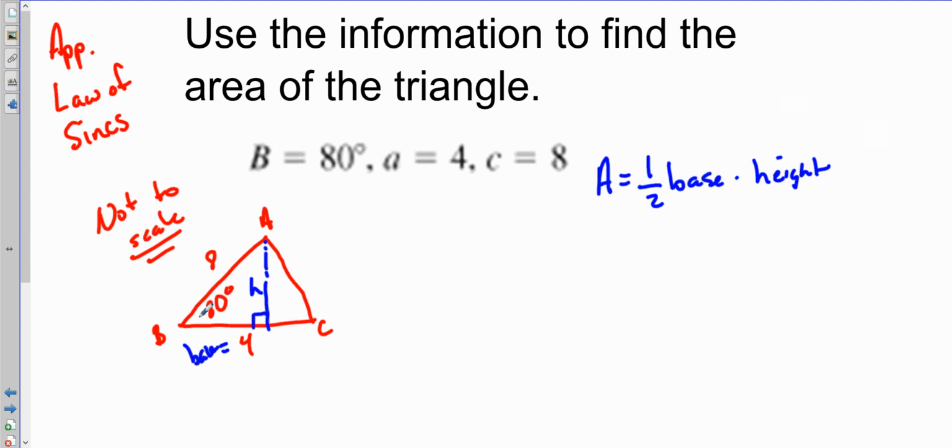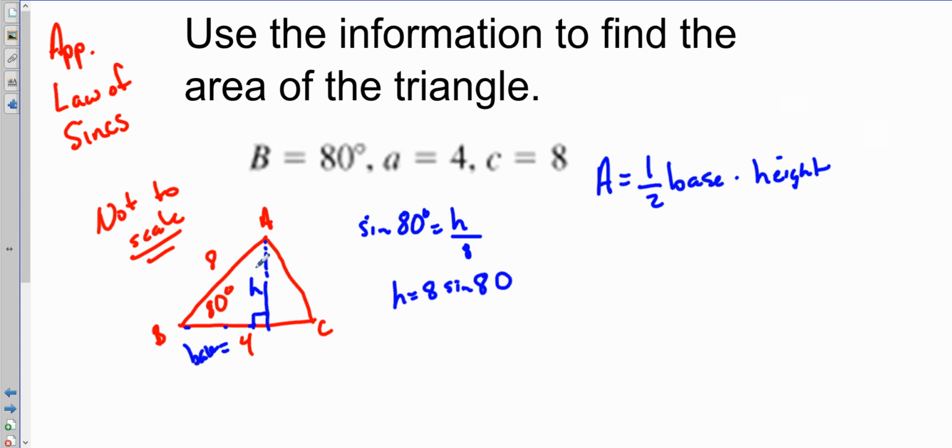Since this angle is opposite this height, the sine of B, which is 80 degrees, is going to equal h, the height, because now we created a right triangle, over the hypotenuse, which is 8. That's the SO in SOHCAHTOA. So h is going to equal 8 times the sine of 80.